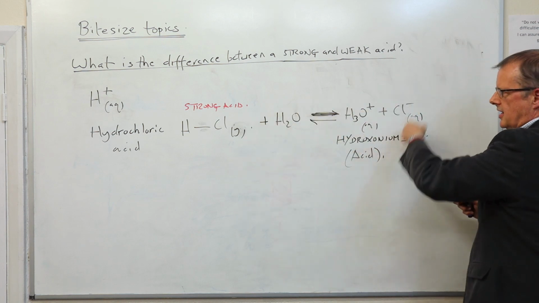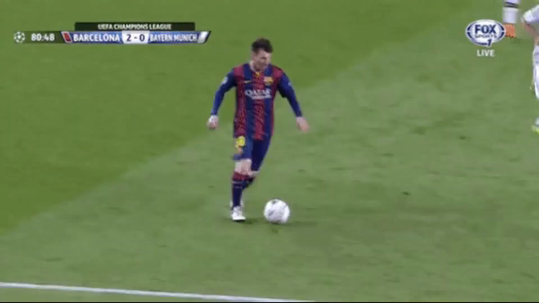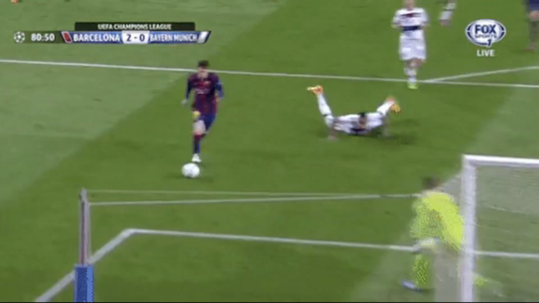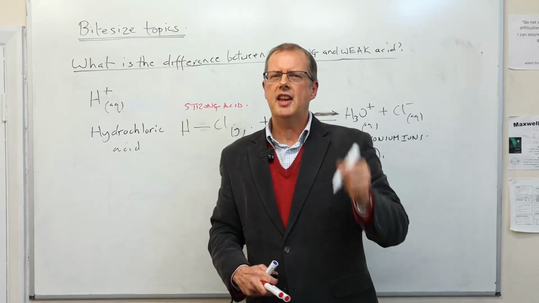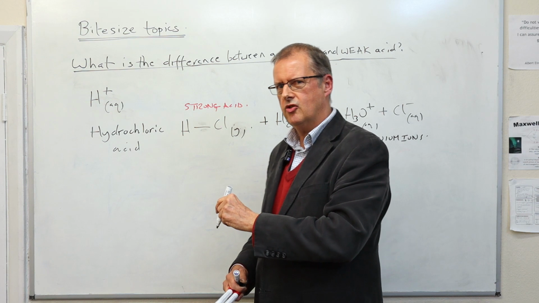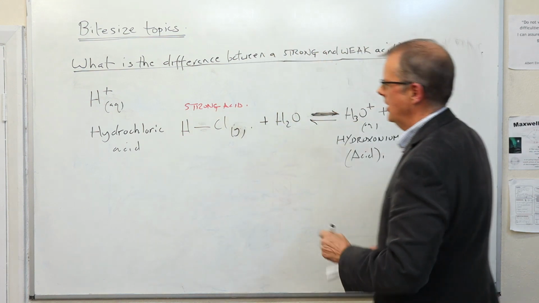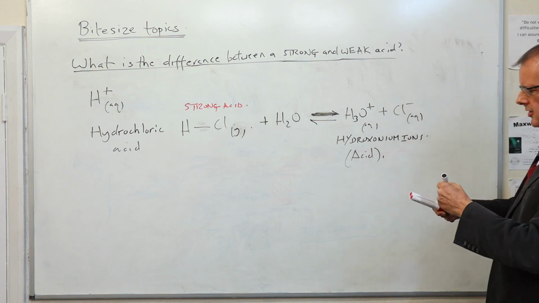So it's mainly these ions here. That's what makes it a strong acid. It's a star striker at breaking up. Even when the acid is in dilute solution, it still is very good at doing that job. It's intrinsically good at dissociating into ions. So that's precisely what I mean by a strong acid.